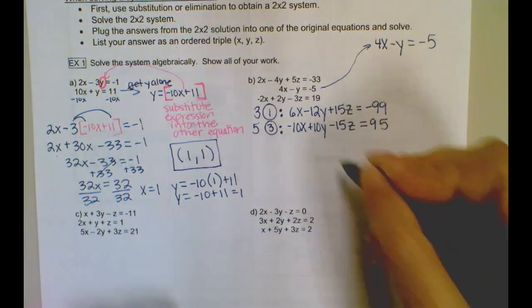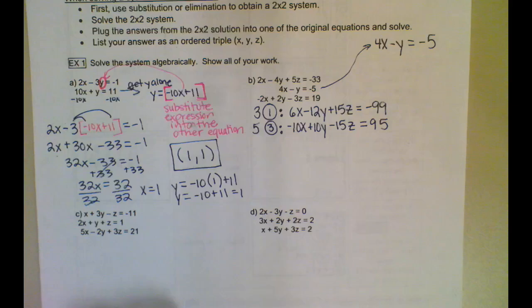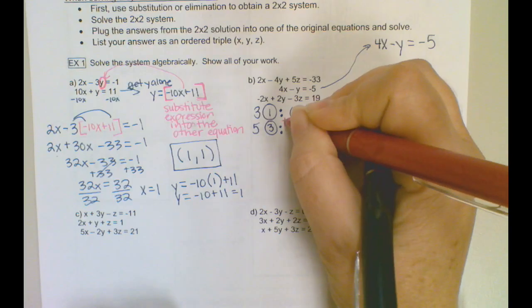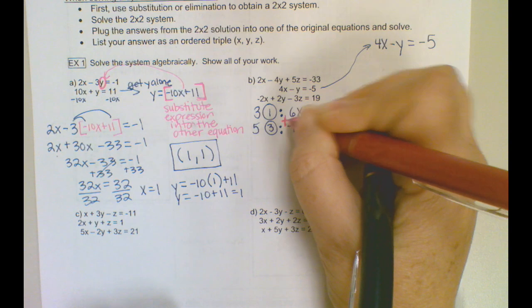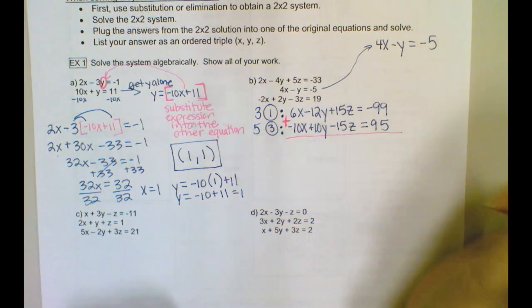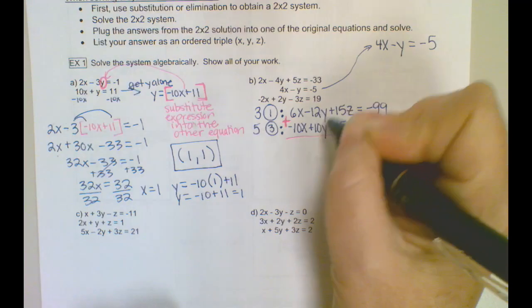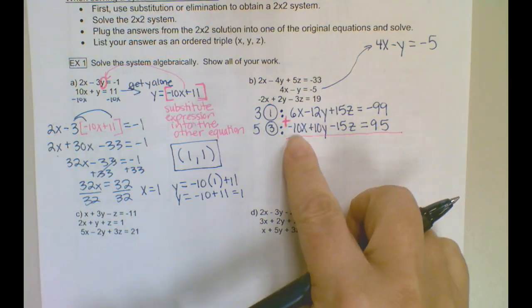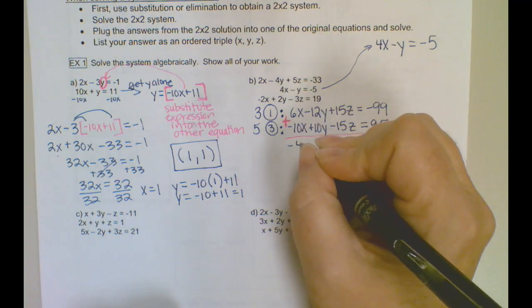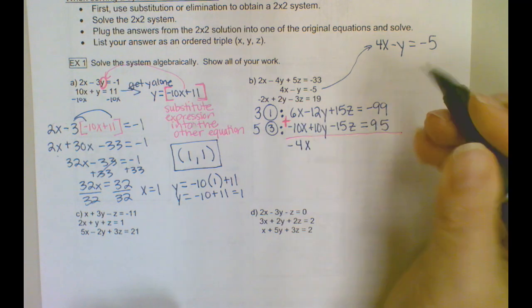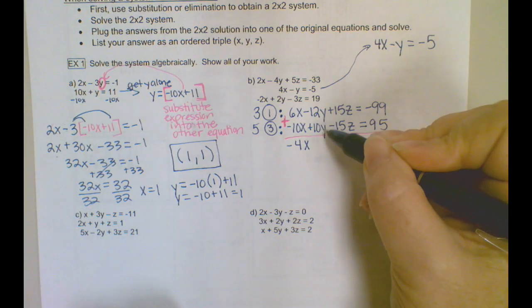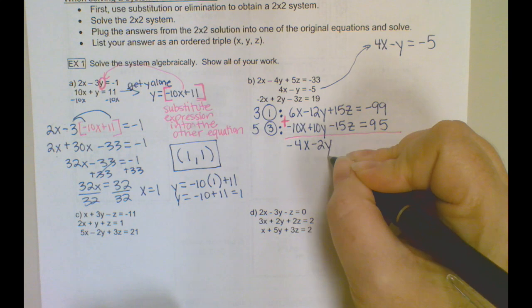So once I have opposites, I now am going to add straight down. That's what we do in the elimination method. I'm going to add straight down in columns. So 6x plus -10x is -4x. -12y plus 10y is -2y.